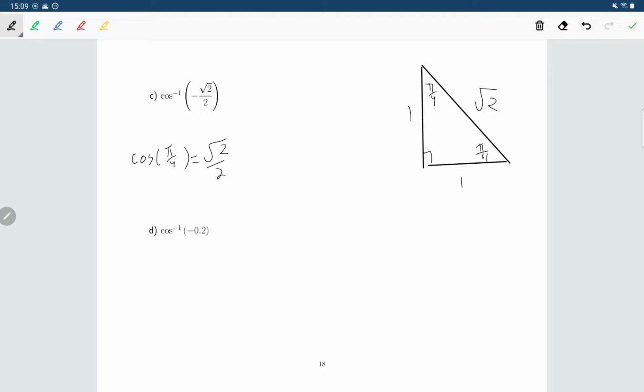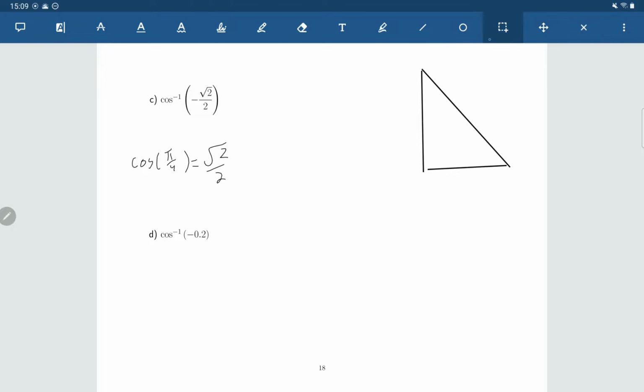I can find that with my special triangle. But here I'm looking not for positive root 2 over 2, I'm looking for negative root 2 over 2. And so that means we're not going to be thinking about an angle that's in quadrant 1. Rather, we're going to have an angle that's in quadrant 2.